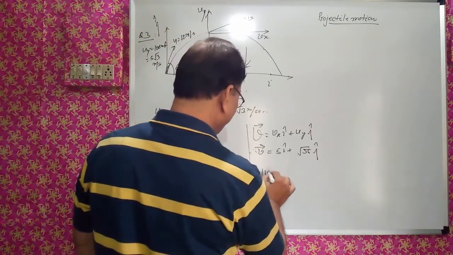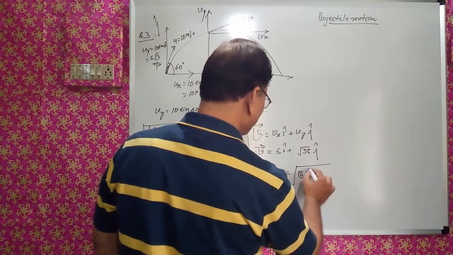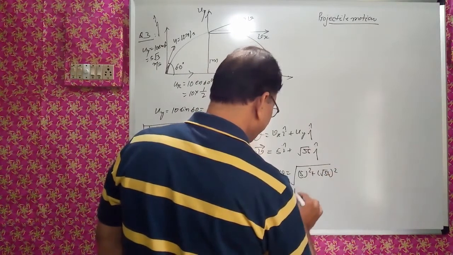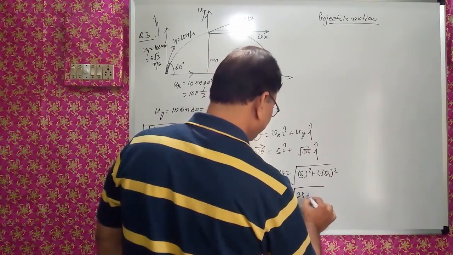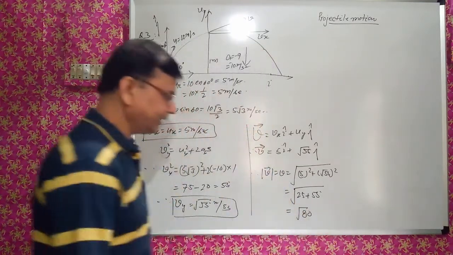Therefore, the magnitude of vector V is equal to under root 5 square plus under root 55 square, that is equal to 25 plus 55, that is under root 80, isn't it?